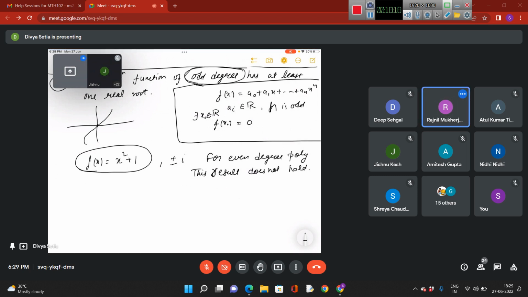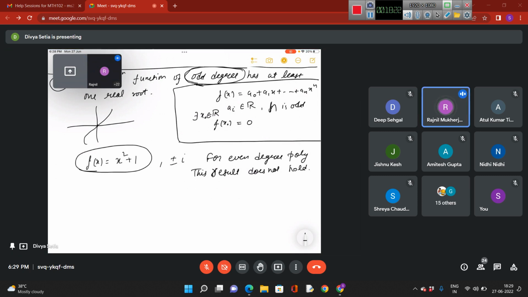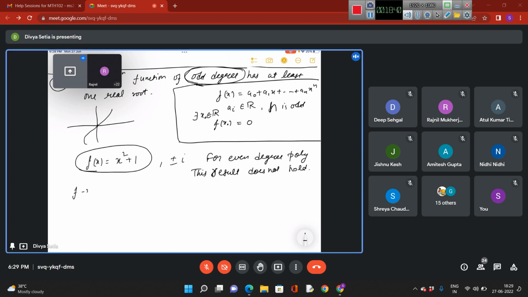If it is continuous, f of minus x is not equal to f of x. It can be f of minus x equals minus f of x or something like that. But if f of minus x is minus f of x, what happens?